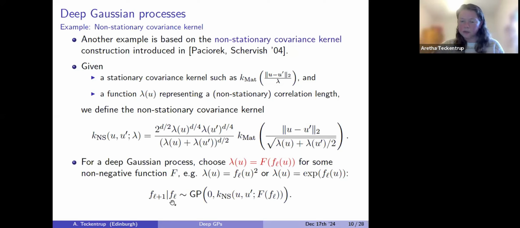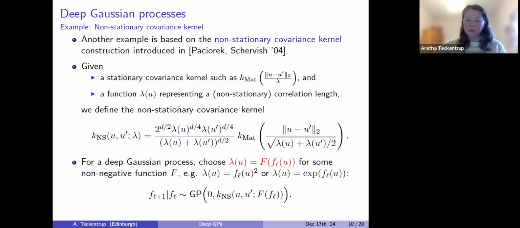So FL plus 1 conditioned on FL is a Gaussian process with this non-stationary covariance function, where the length scale lambda is given by a function of the previous layer. The length scale is always positive, so you have to apply some transformation to the Gaussian process FL to get something positive, but in general you can choose quite general functions there.